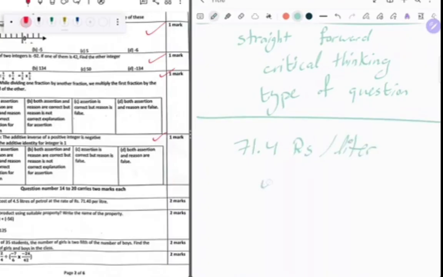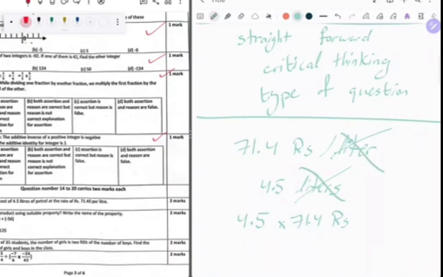Oh okay, I want 4.5 liters. So obviously, you're going to multiply 4.5 liters times the price per liter immediately, because you're going to immediately remove these two. So 4.5 times 71.4 rupees.